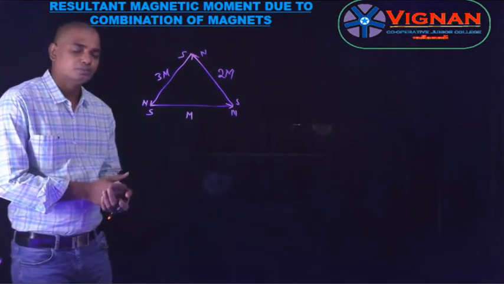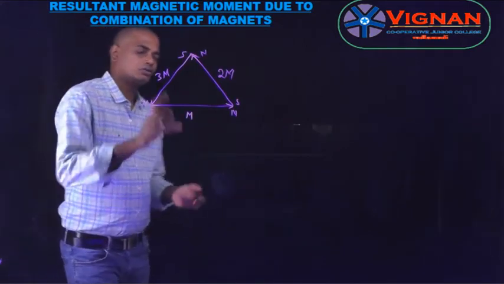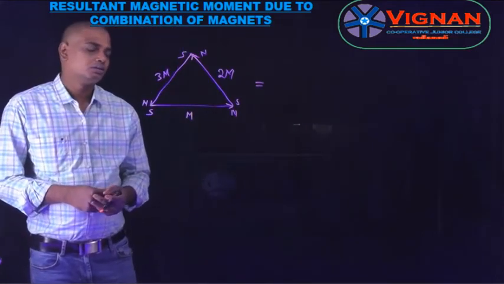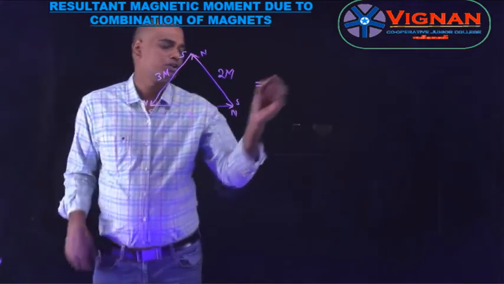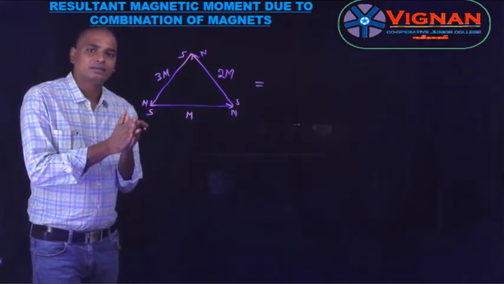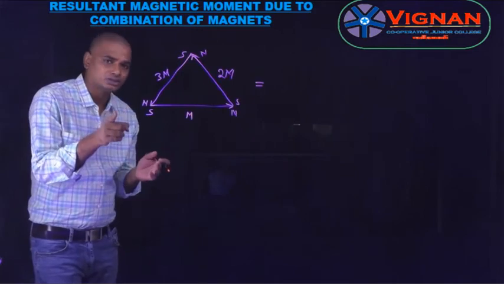So how can we simplify this question? We can solve this in a simple manner. We know that when three identical bar magnets are placed in an equilateral triangle, the resultant magnetic moment is 0.